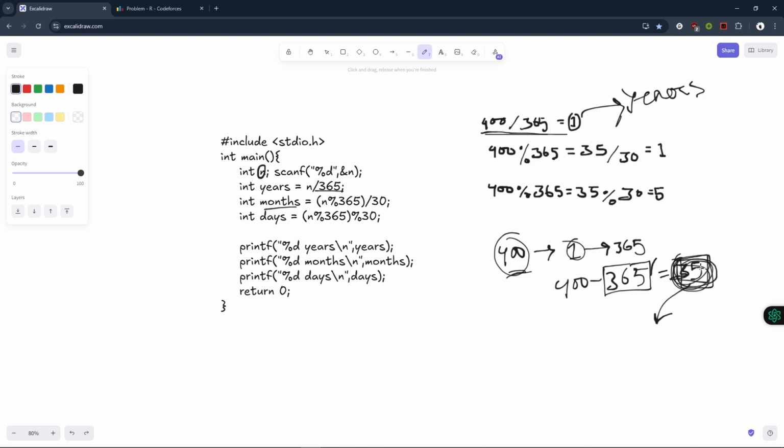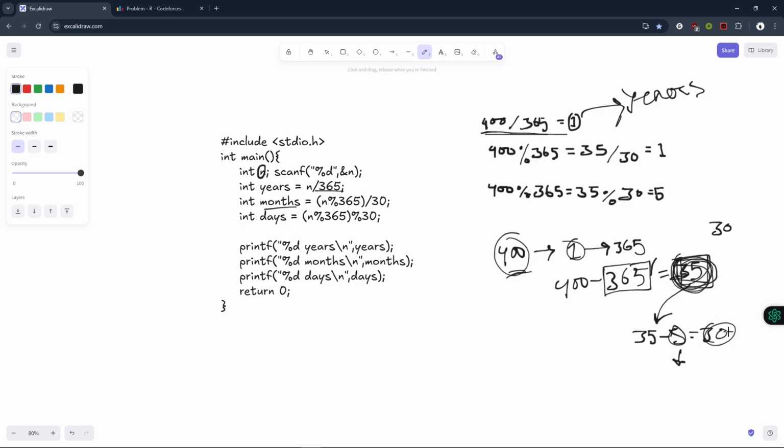Now in 35 we know that there's going to be 1 month, since 30 days means 1 month. So 35 minus 5, this 30 is going to be a month and this 5 is going to be a day.